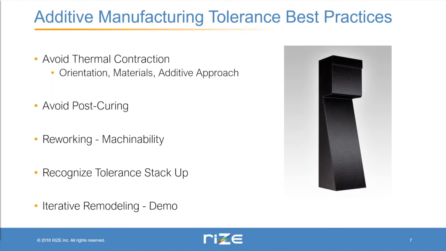One of the ways is to orient your parts in some different ways to ensure that as they're built, the internal stresses are not able to build up as much as they would in a less ideal orientation. So oftentimes orienting a part to be standing upright, make it taller, or orienting it to have less bulk near the bottom of the part can help to improve the situation.